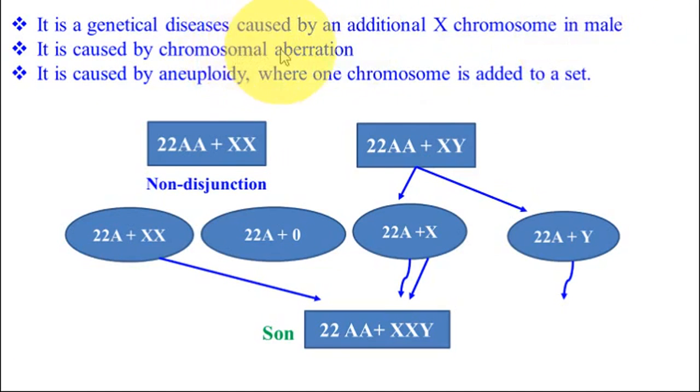It is caused by chromosomal aberration, by aneuploidy where one chromosome is added to a set. 22AA plus XX, 22AA plus XY, non-disjunction. Then 22A plus XX, 22A plus O, 22A plus X, 22A plus Y. In F1 we get a son, 22AA plus XXY.